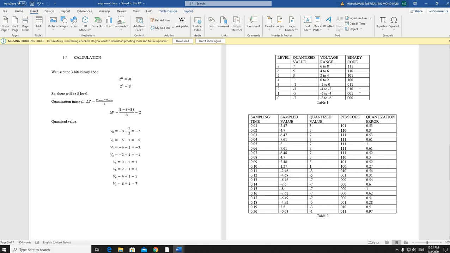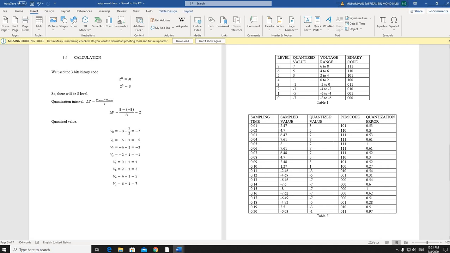Then for the PCM code, you choose the binary code. For the second example, the sample value is 4.7, the quantized value is 5, and the binary code is 101.